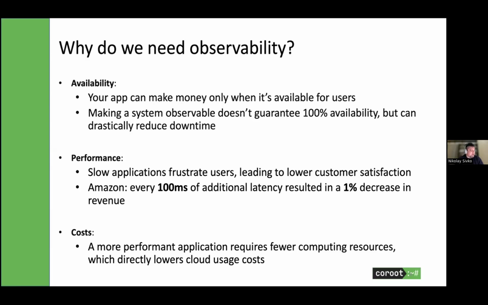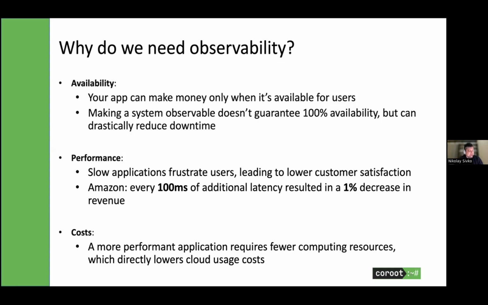Amazon many years ago posted their research on how application latency impacts revenue. The faster your application serves user requests, the more revenue can increase, because users are happy and so on.